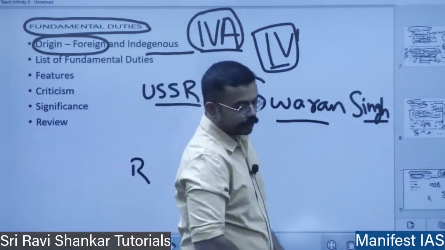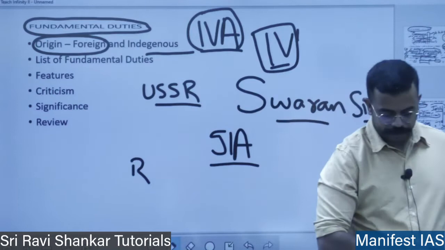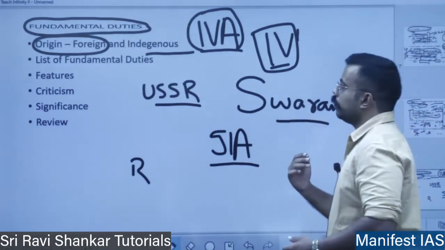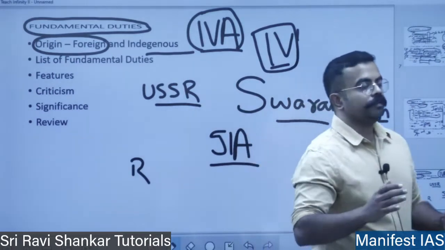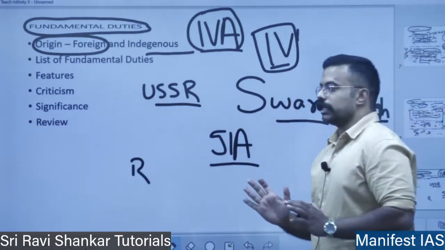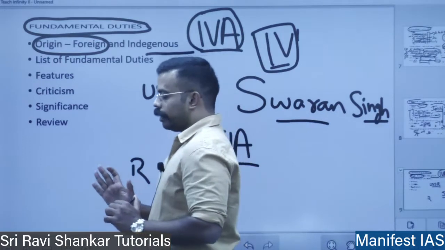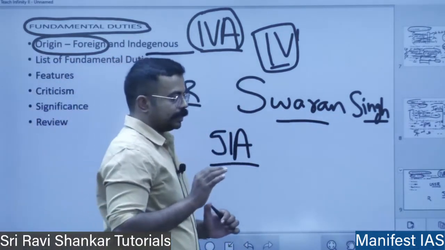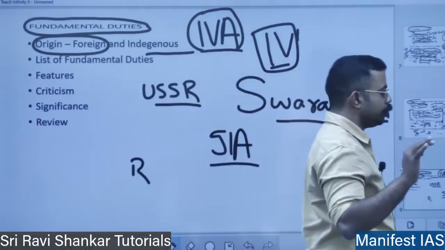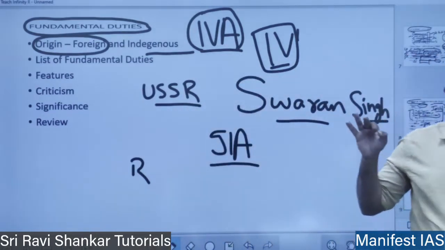Very, very important. So, what are the fundamental duties? I am going to read out the fundamental duties for you. So, these are the duties which we as citizens have. So, what was the recommendation of the Swaran Singh Committee? During the emergency, there was no responsibility on the part of citizens.